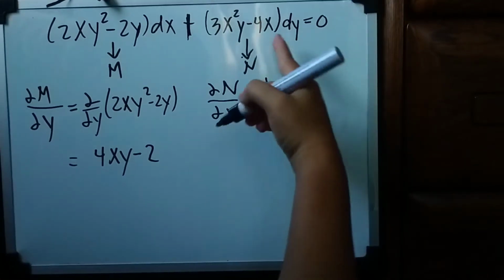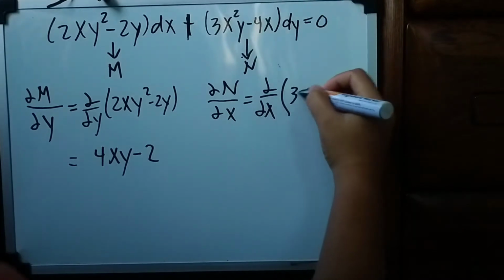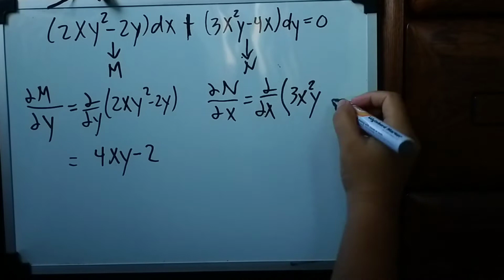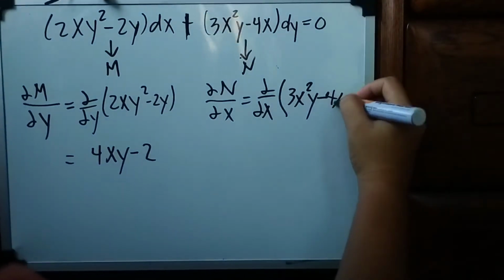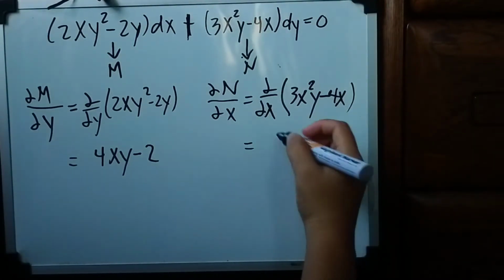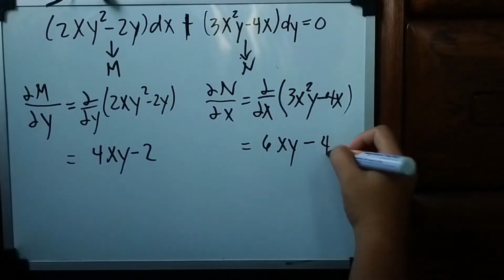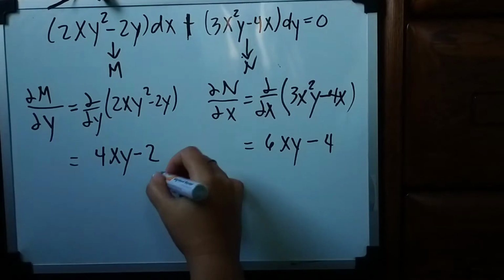So N here is this. We will differentiate this in terms of x. So definitely this is non-exact.